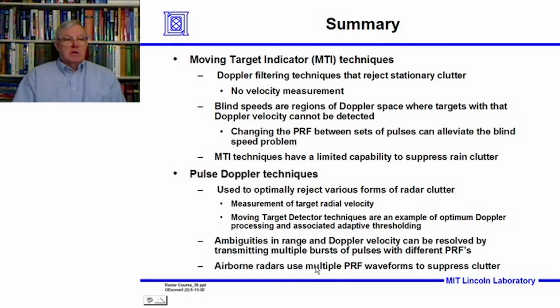And airborne radars use multiple PRF waveforms to suppress clutter. That complex clutter can be handled, and we use in those airborne radars high PRF waveforms and multiple PRF waveforms, which are the part of that spectrum of pulse waveforms that you're pushed into to use in those radars. That's the end of Lecture 8.